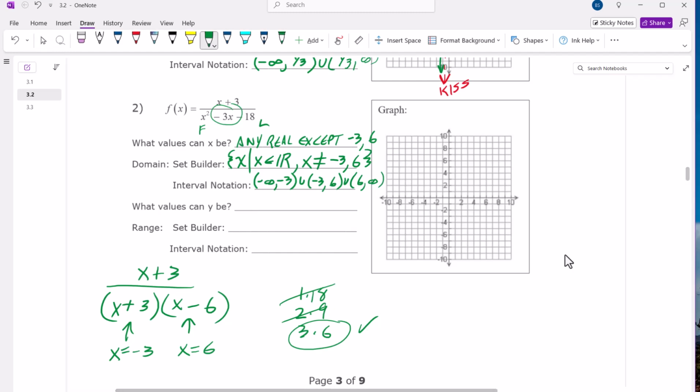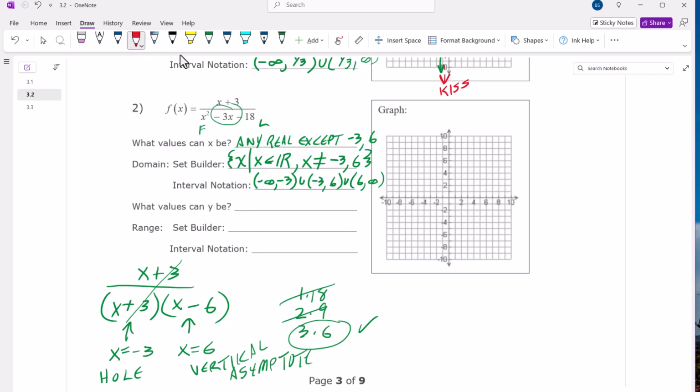So what you'll find on this is if something cancels out, it gives you what's called a hole. The one that's left over is going to give you what you call a vertical asymptote. And it's really beyond the scope of this section to dive into the details of what asymptotes are. I can give you a little bit of an idea.